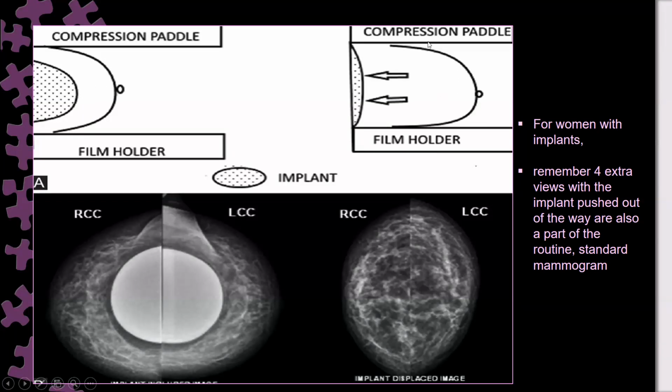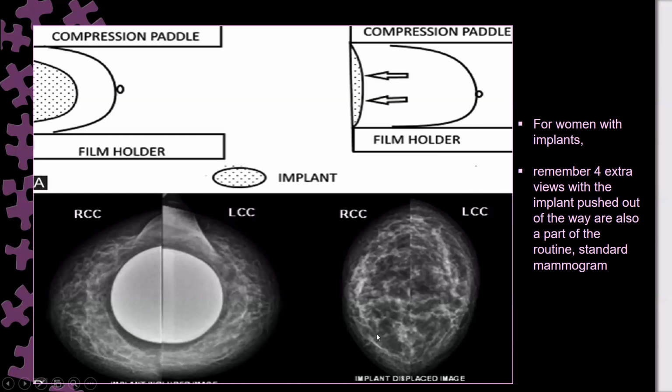But here, before compression, they were pushing the implant posteriorly to visualize the breast tissue. In which type of implant could we see a larger amount of tissue? Subglandular or subpectoral?